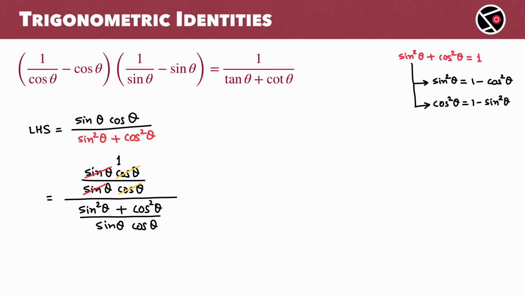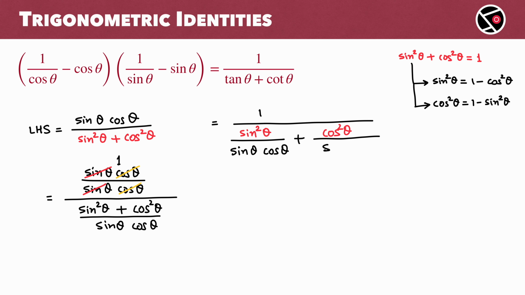Our left hand side is now 1 divided by (sin square θ over sin θ cos θ plus cos square θ over sin θ cos θ). We cancel out the common factors in the denominator and we are left with 1 over (sin θ by cos θ plus cos θ over sin θ).